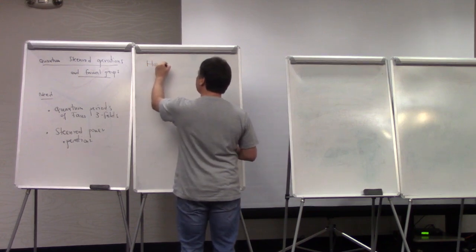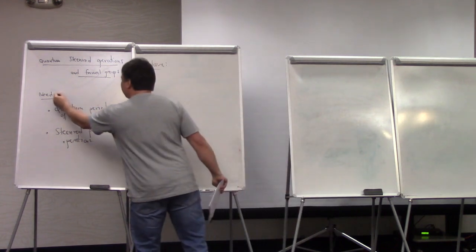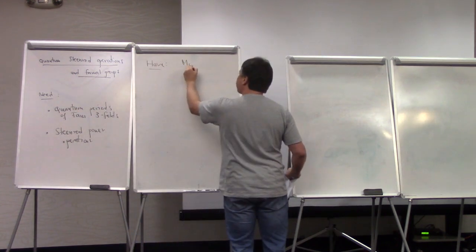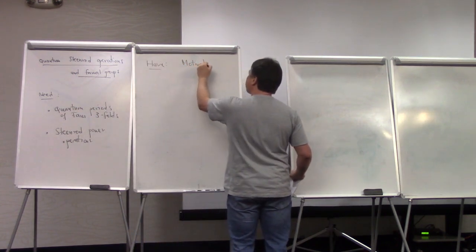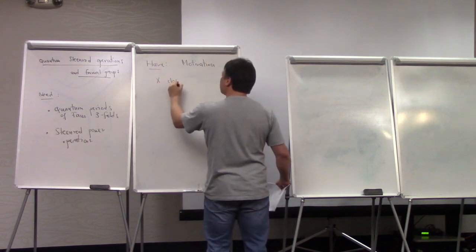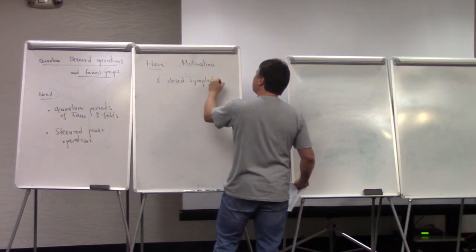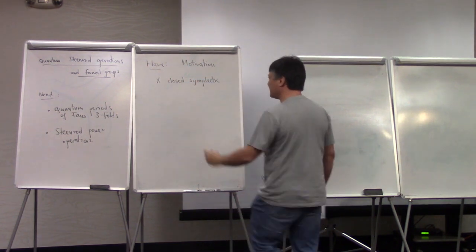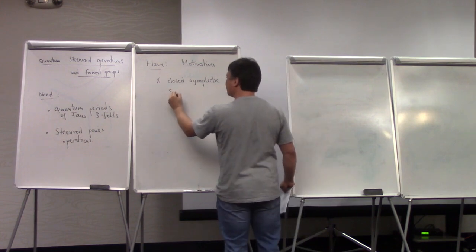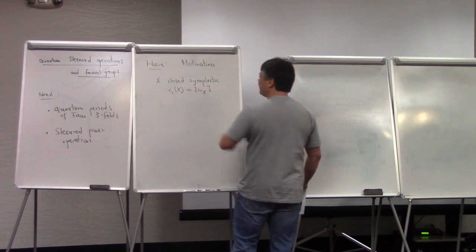Okay. So the motivation is as follows. Suppose I have a symplectic manifold, and let me suppose for simplicity that it's Fano, or as they call it in symplectic geometry, monotone.